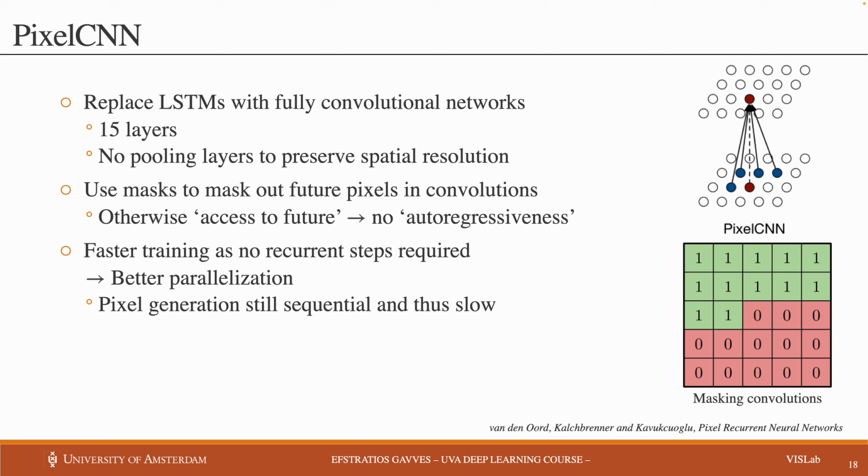And because we now use convolutions and not LSTMs, which are slow because you have to do everything sequentially, here it is just a convolution. You just run a convolution operation on your layers, only with spatial types of convolutions. So you have better parallelization, much more efficient. Pixel generation is still sequential and thus slow.